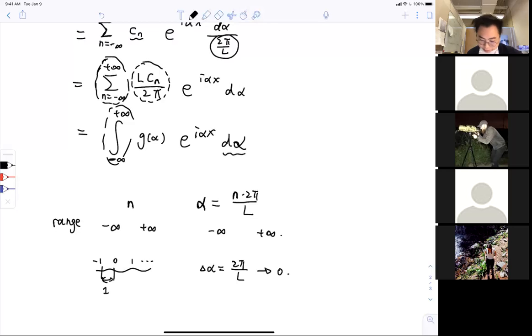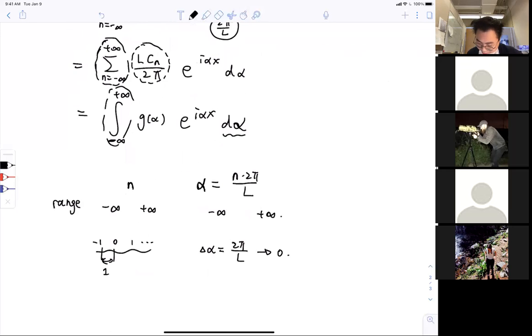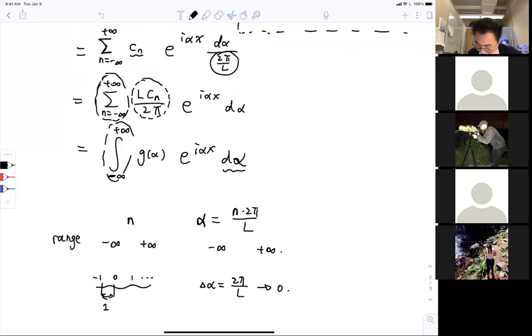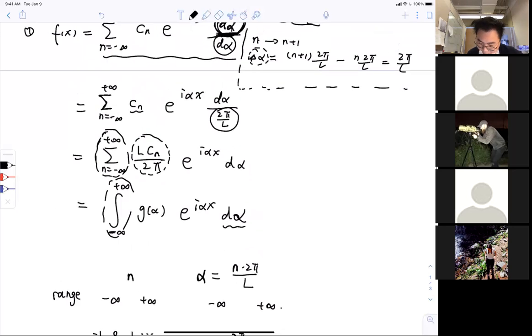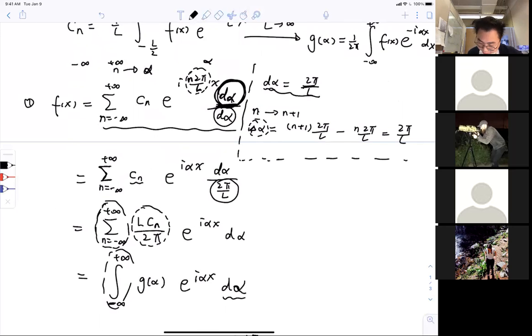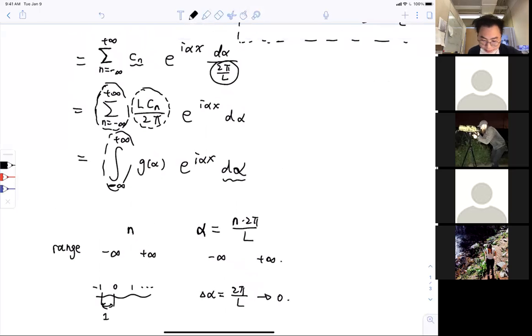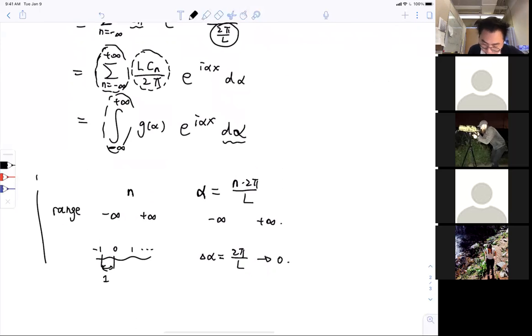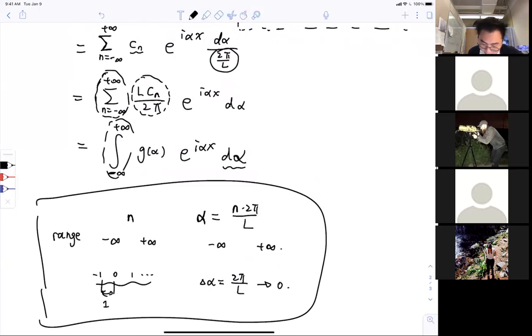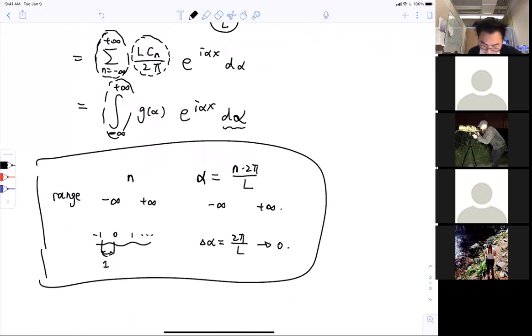Sure, thank you. First you need to understand what I'm saying here. Basically, I'm taking the non-periodic limit, where L goes to infinity. A very good question. What if it's periodic?